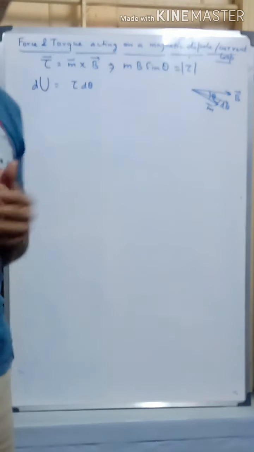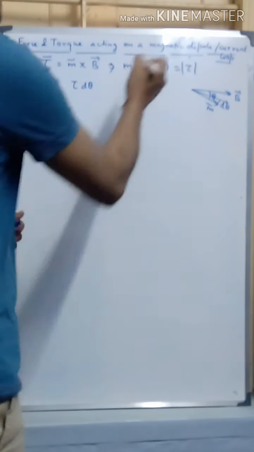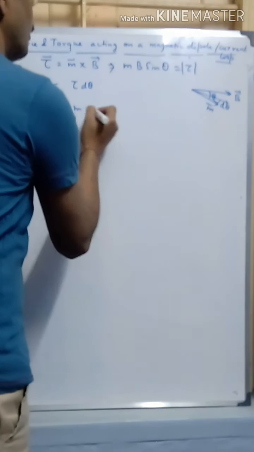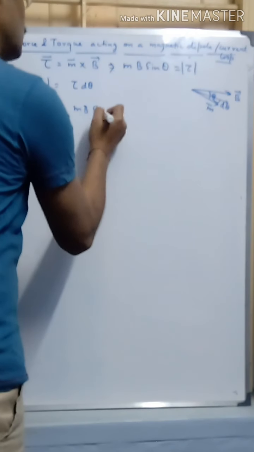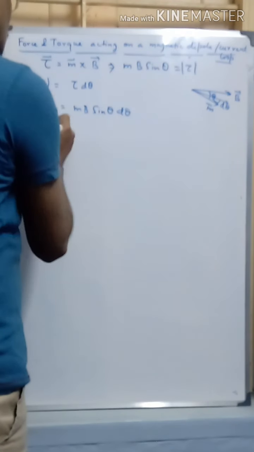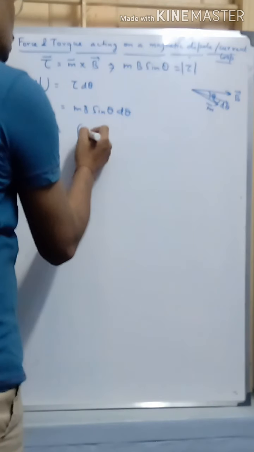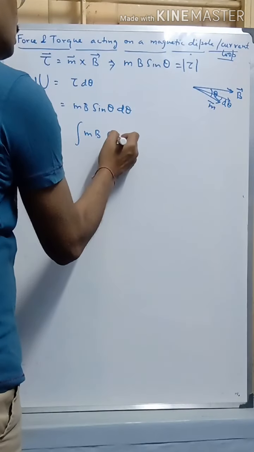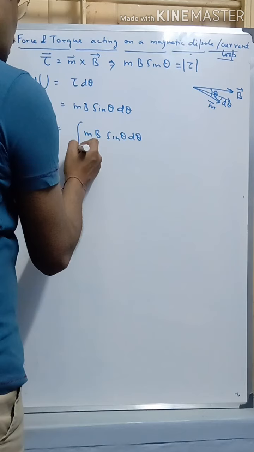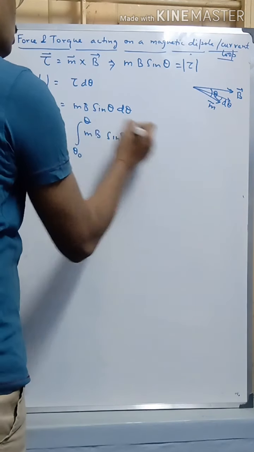So that's why we are writing this as tau d theta, which is MB sine theta d theta. So U would be equal to the integration of MB sine theta d theta from some initial position theta 0 to theta.